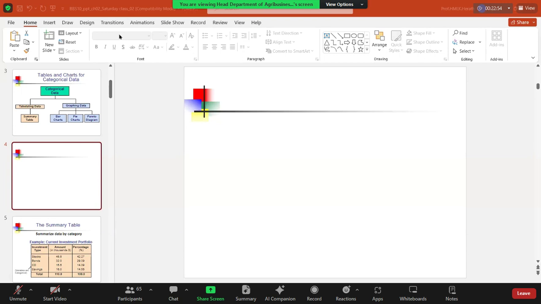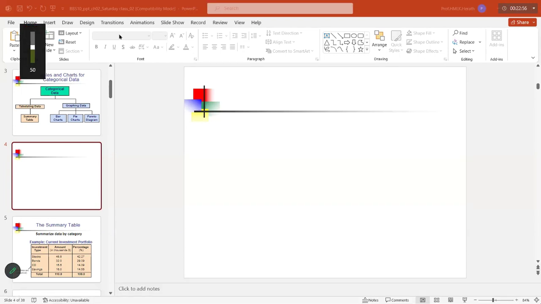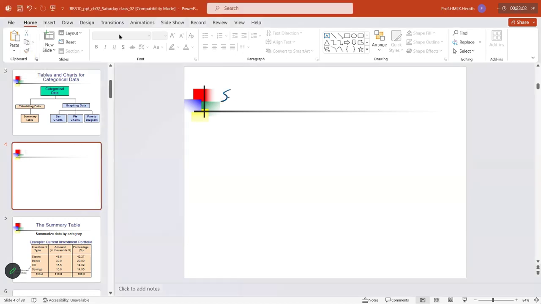Let's see. Suppose we have collected data on the gender of a community.